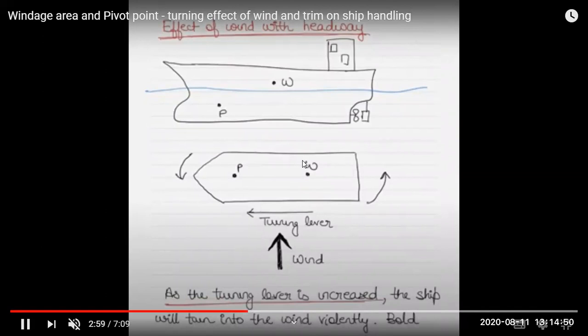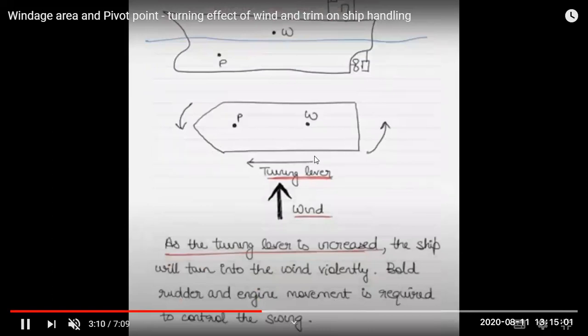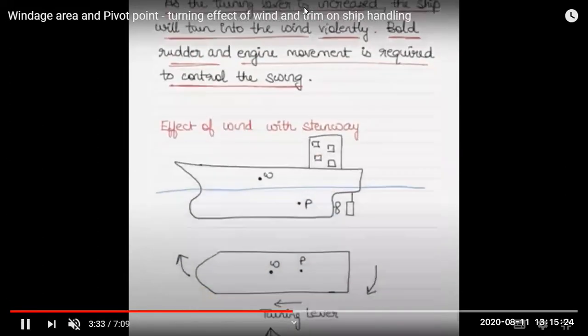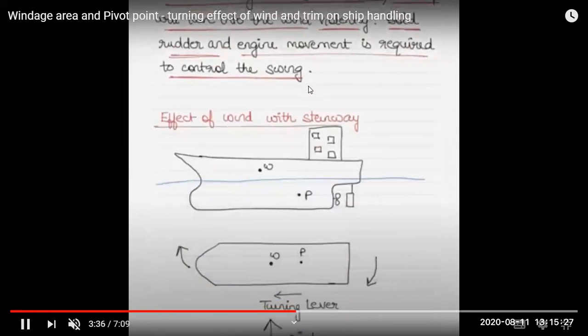These are all imaginary points, and again there is a big turning lever, and you have port beam wind. So this wind is moving this W this side, this part of the vessel this side. So the ship will turn on the port side. So at beam wind, with the ship moving ahead, the ship will turn to port. It will be violent turning, and we have to give bold rudder and engine movement to control the swing of the ship.